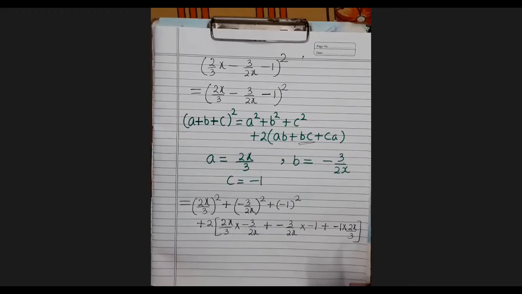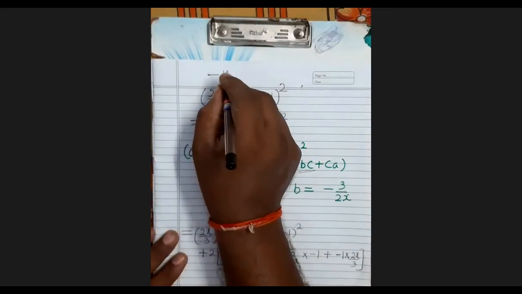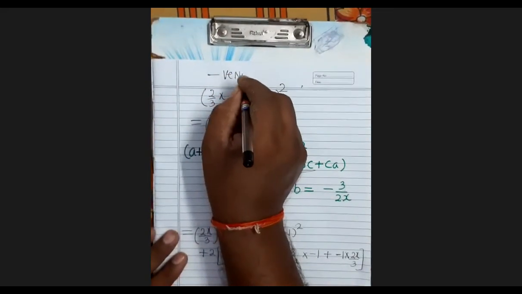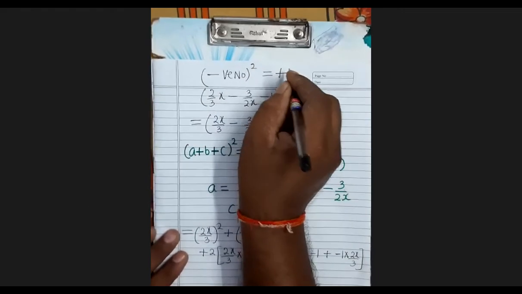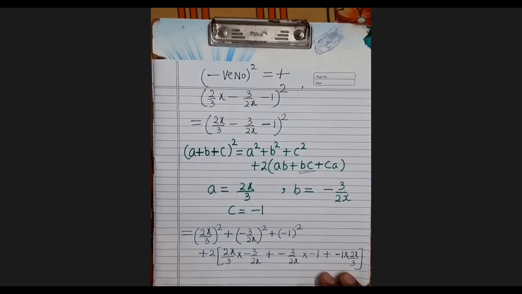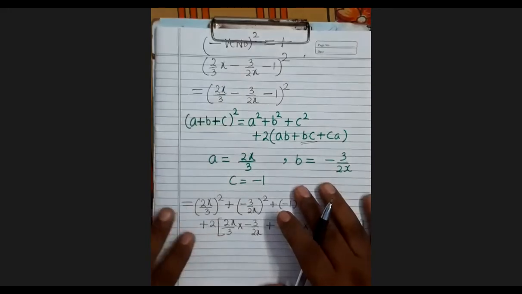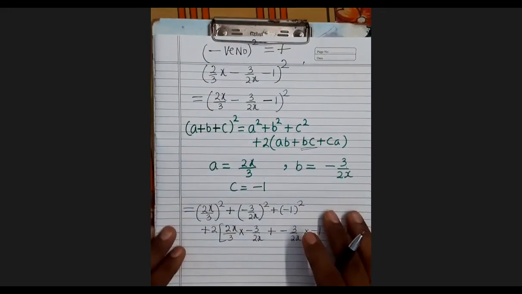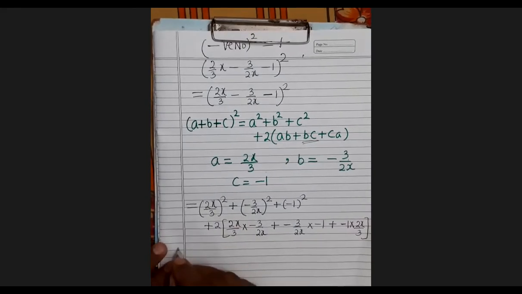Now you have to simplify. All of you remember one thing: the square of any negative number will always be positive. This you remember. So see here, this is 2x upon 3 whole square.